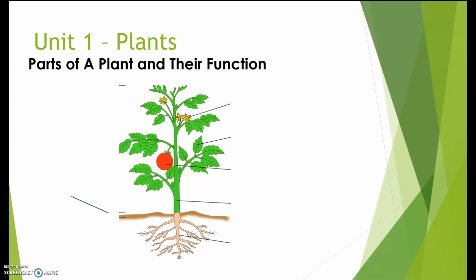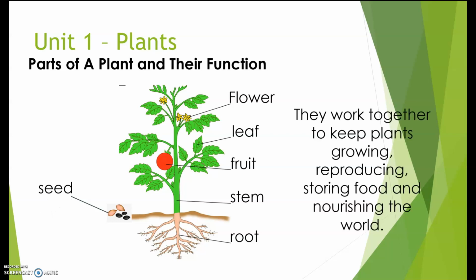We also talked about the parts of a plant and their function. You can open your books to page 4. Let's review the parts of a plant and their function. Number 1. This one is called flower. Repeat after me, flower. Next, this one is called leaf. And this one is called fruit. And this one is called stem.